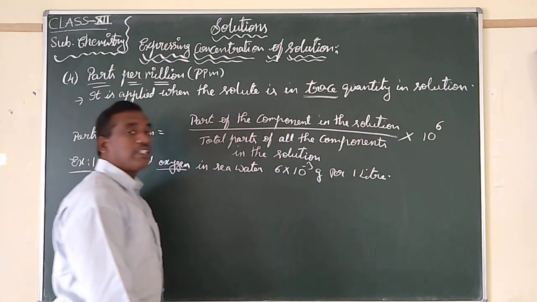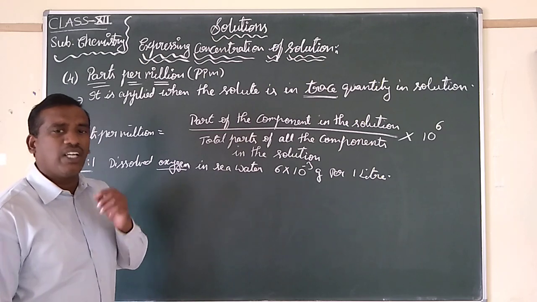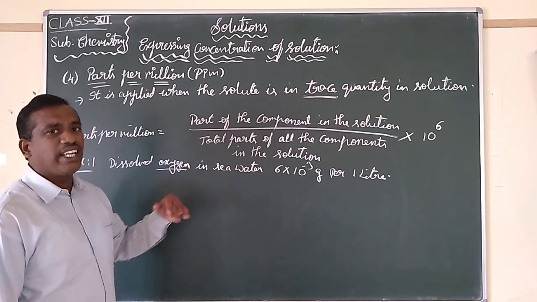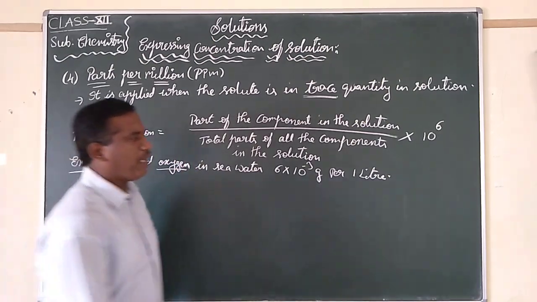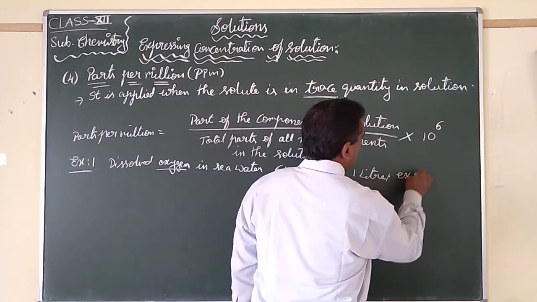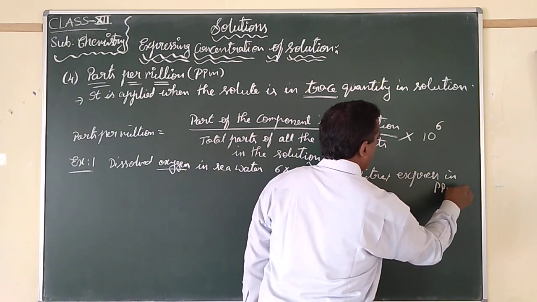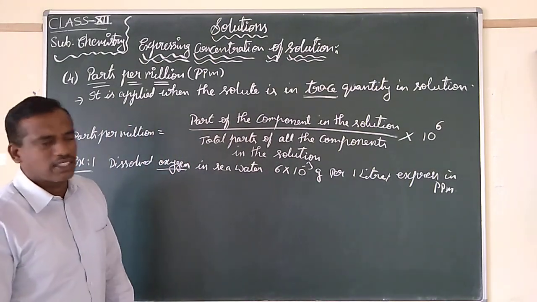How many grams are present per 1 liter? 6 into 10 to the power of minus 3 grams. A very small amount. But how do we need to express it? We need to express it in ppm. How many parts of oxygen will be present in a million parts?